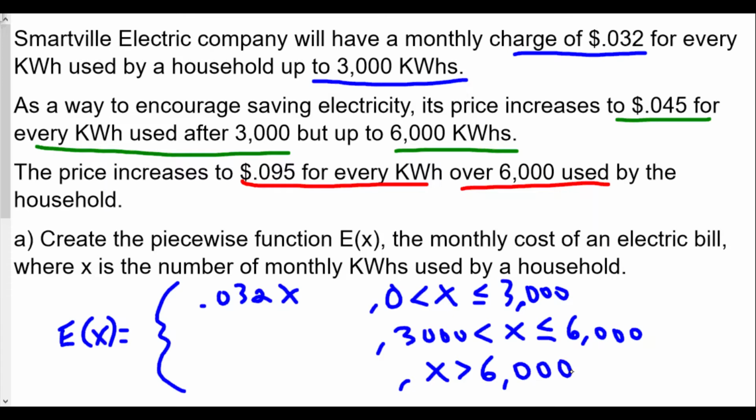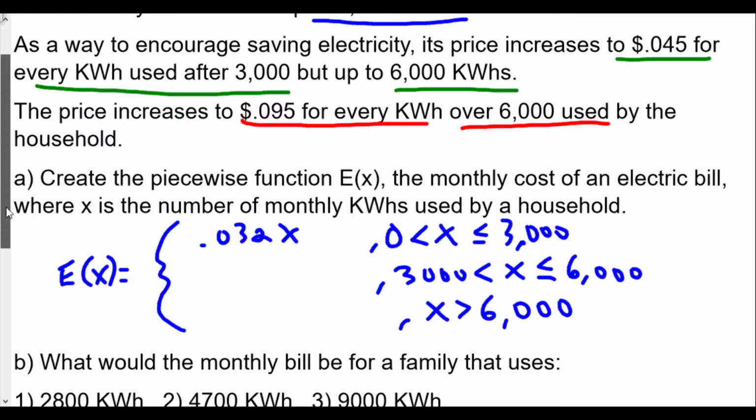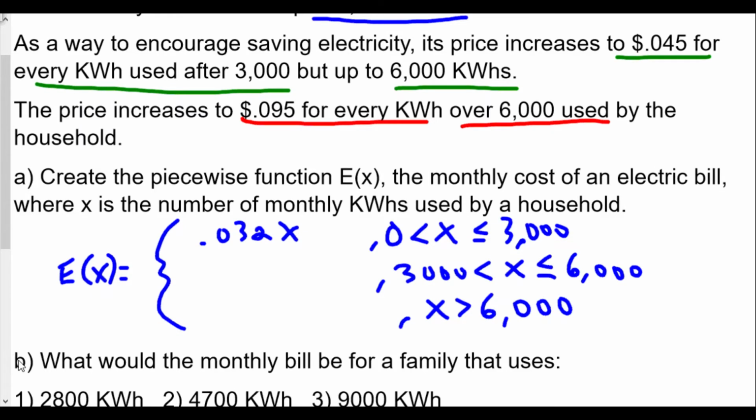And again, it's a new charge. So we're thinking, well, for the second tier, would it just be 0.045 times x? The problem is, since x is the total use, it's not exactly the same thing. Let me move this down a little bit for a little room.